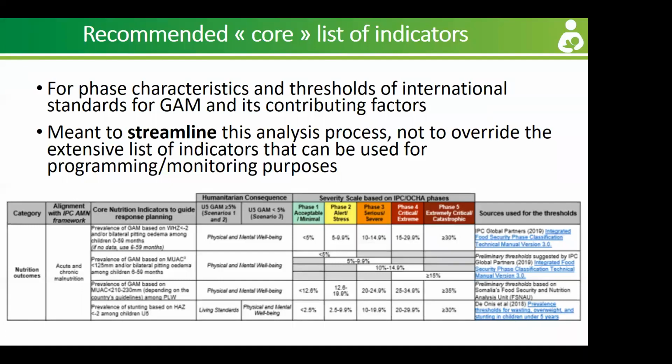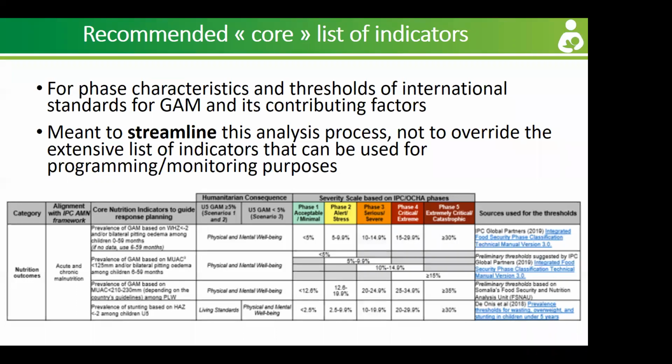So it's certainly not meant to be comprehensive. We selected a number of indicators, not only in terms of their importance in guiding response planning, but also for the phase characteristics and thresholds of international standards that currently exist for global acute malnutrition and its contributing factors.